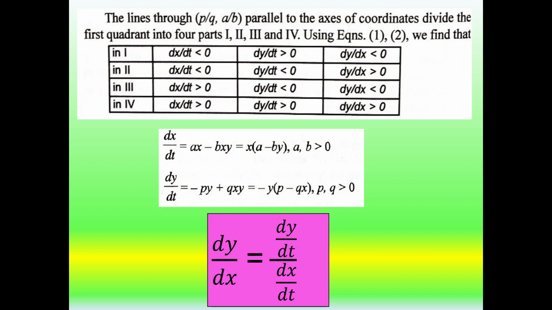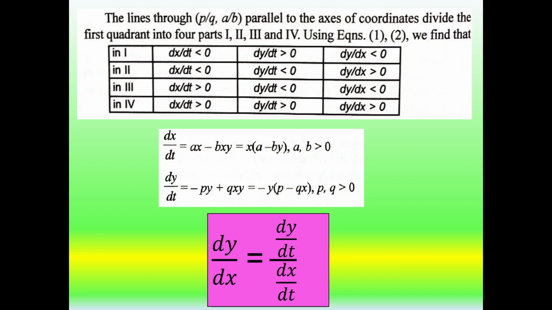In a second result, we can say dx by dt is less than 0 and dy by dt is less than 0. That means both the expressions dx by dt and dy by dt are negative. Then definitely dy by dx will be a positive quantity because minus divided by minus will be a positive quantity.